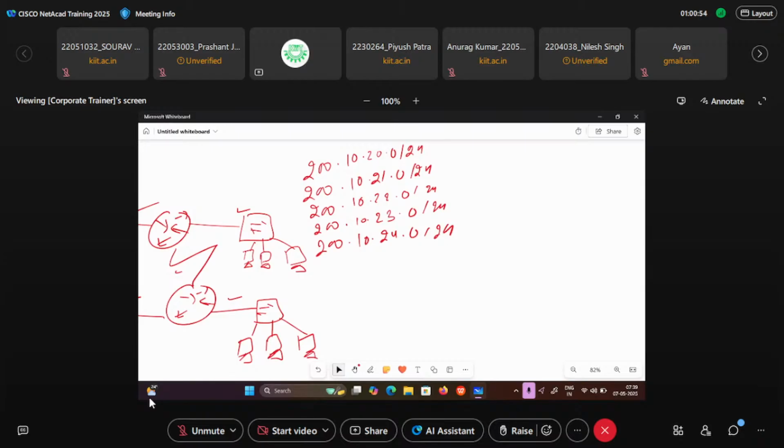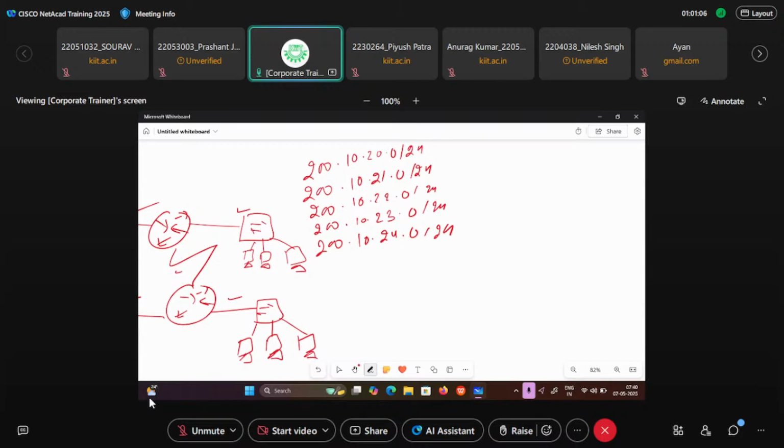Maybe 100 computers, or maybe 10 or 20 computers. But I can configure 254 hosts, so lots of IPs are going to be wasted in each and every case. So now we will apply some subnetting and try to reduce some wastage.